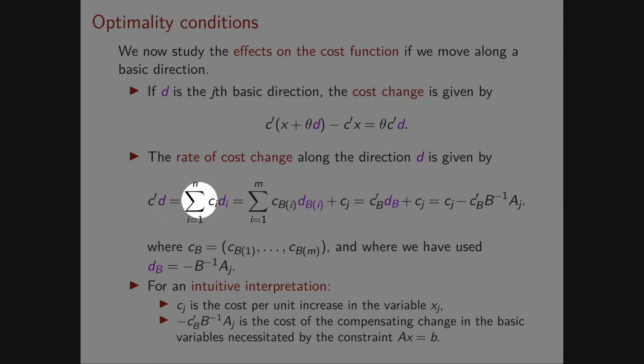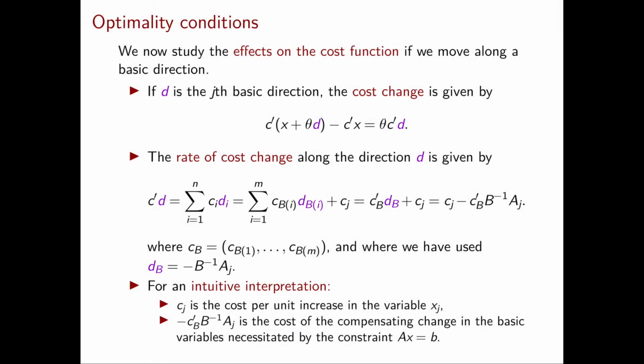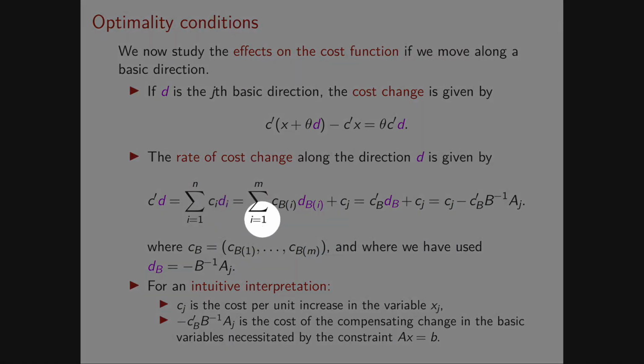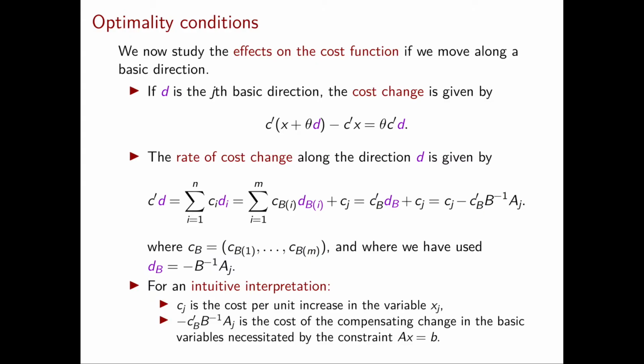So this is the sum for i that ranges from 1 to n of Ci di. Again, we consider separately basic components and non-basic components. Basic components give me the sum for i from 1 to m of CBi dBi, and the non-basic components give me simply Cj, because dj is equal to 1 and all the other non-basic di's are equal to 0.